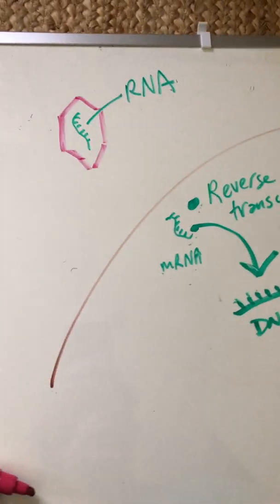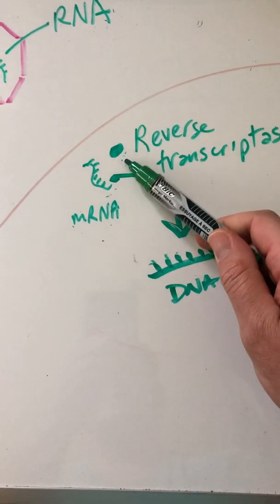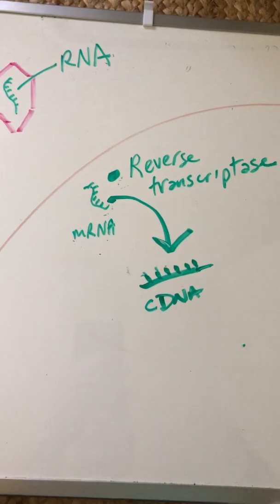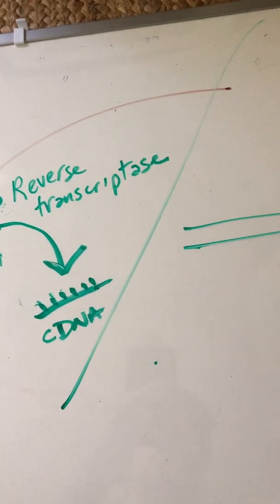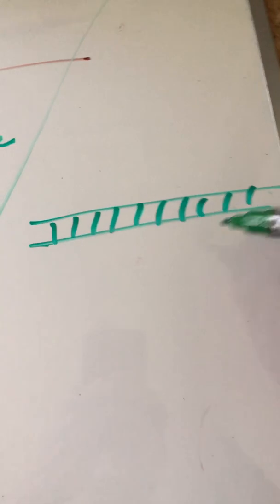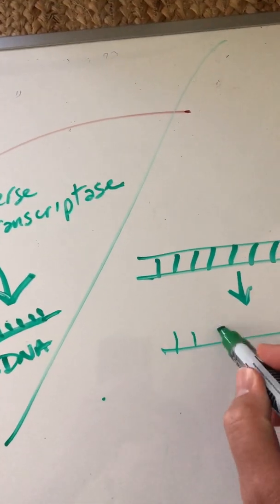But what biotechnologists have discovered is, hey, we can use this enzyme to make what's called cDNA. So what is this? Let me make a separate picture here. Let's say that this is a eukaryotic gene, right? We copy it into a pre-mRNA.